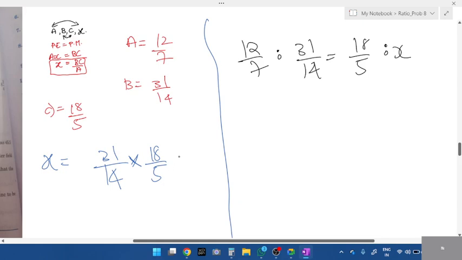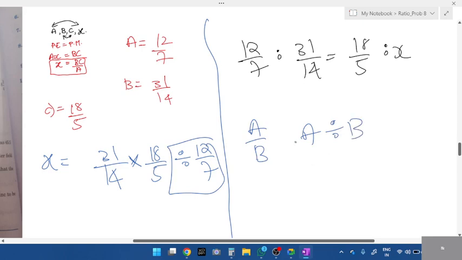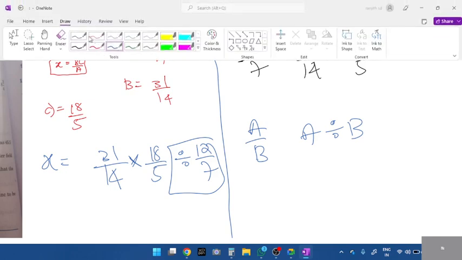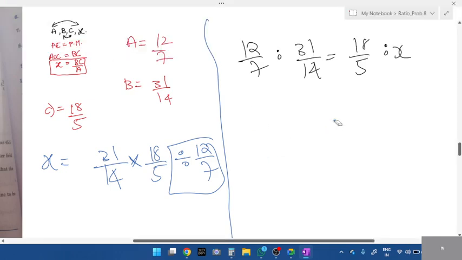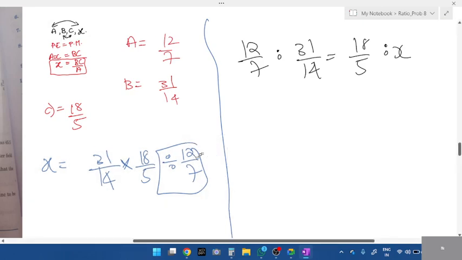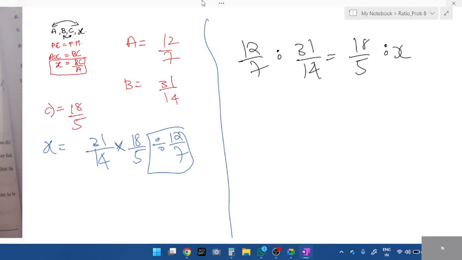Divided by 12 by 7. Can I write it like this? See, if I write A divided by B, is there any difference? So what happens to the division sign? Yes, multiplication. So until you convert it, don't cancel it, students.